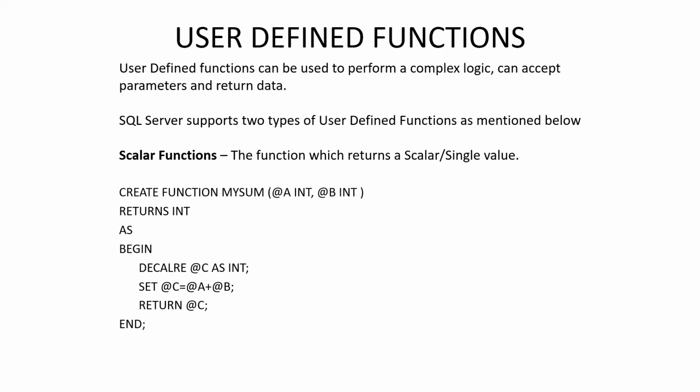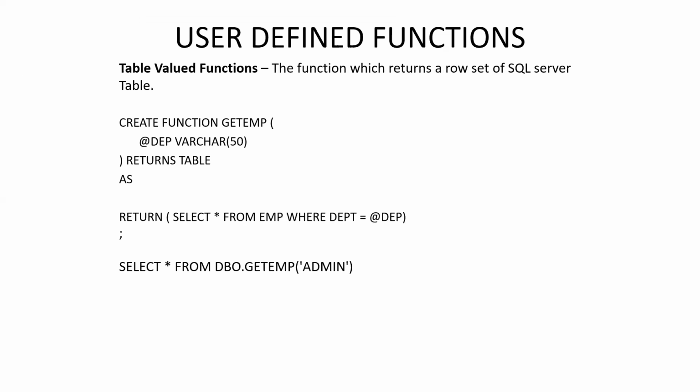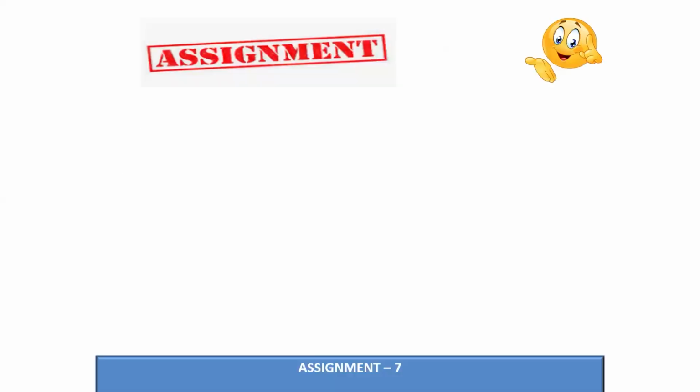It can take any number of arguments but will return only a single value. Then we have the table valued function, which returns a combination of rows and columns, referred to as a table, and that is why it is known as a table valued function. Also remember that to fetch the data from a table valued function, we have to write select star from and then the function name.